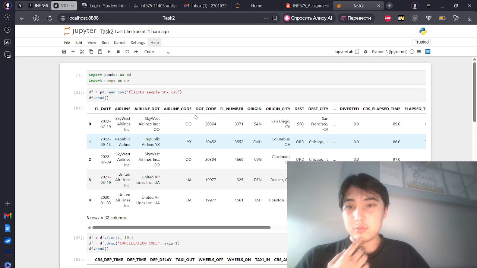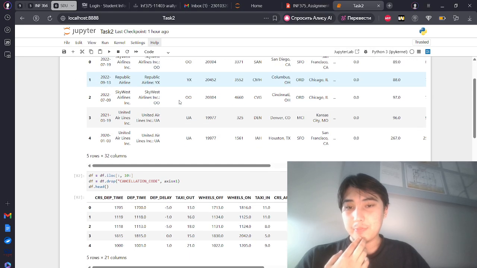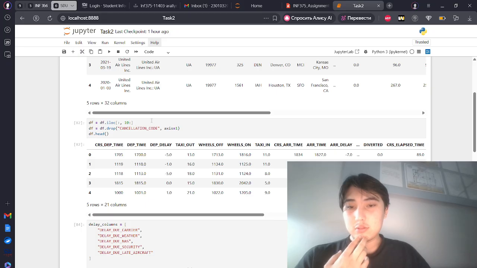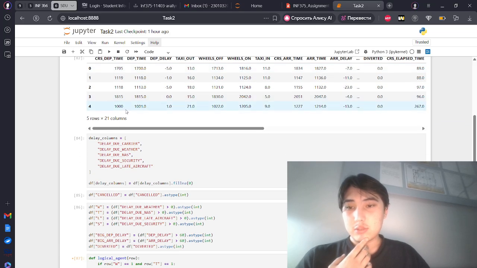Task 2. So I imported pandas, read the dataset, and created a data frame. Then I deleted all non-numeric columns, and there are only 21 columns left.